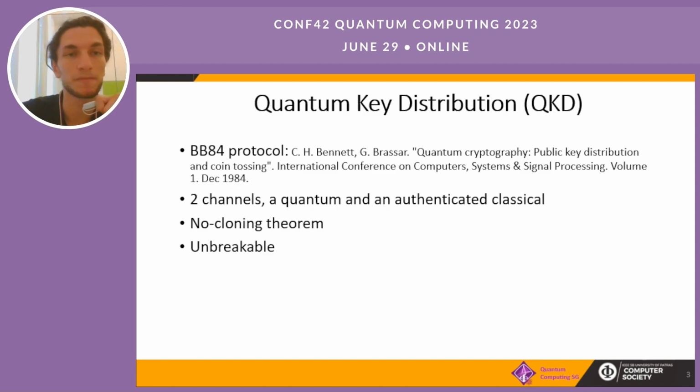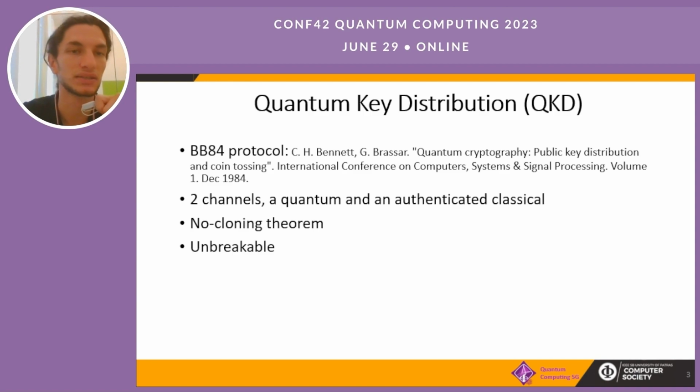QKD aims at the creation of a secret key shared between authorized partners, connected via both a quantum channel and a classical authenticated channel. The security of the key relies on two conditions.